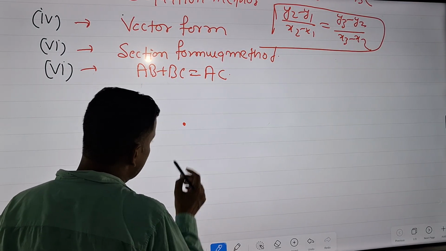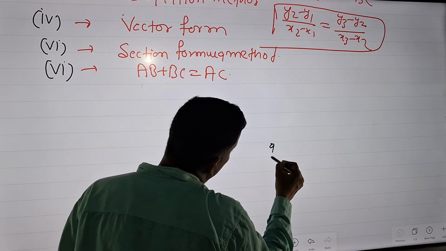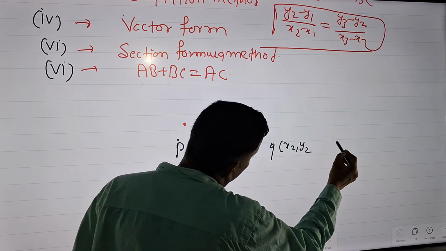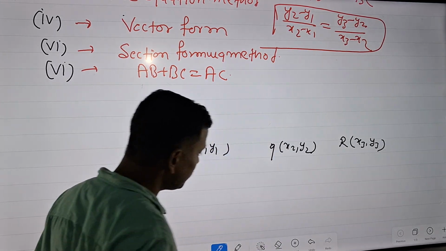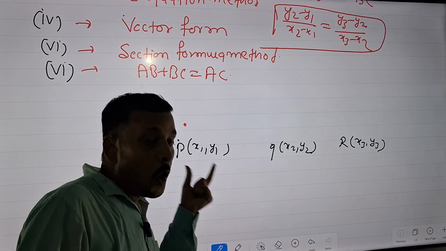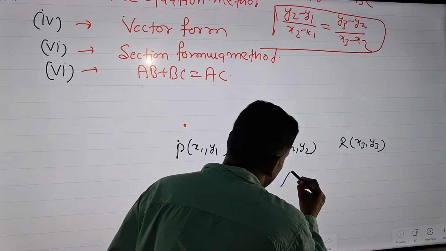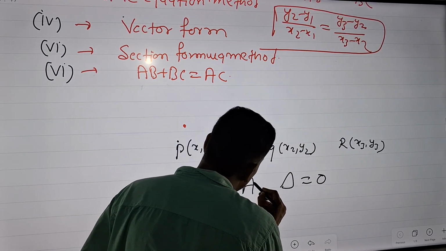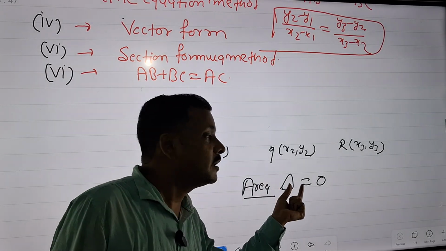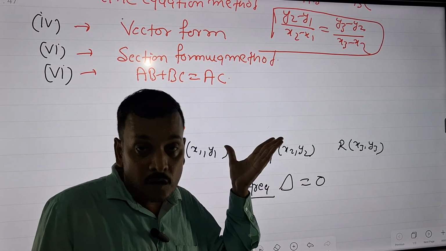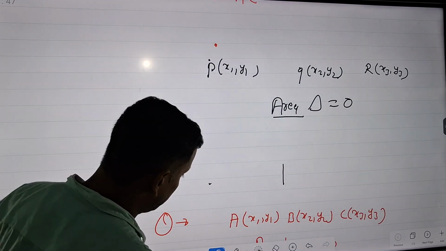If you have 3 points like P x1, y1, Q x2, y2, and R x3, y3, and the area formed by these 3 points is 0, then these 3 points will be collinear. How will you find the area from these 3 points?